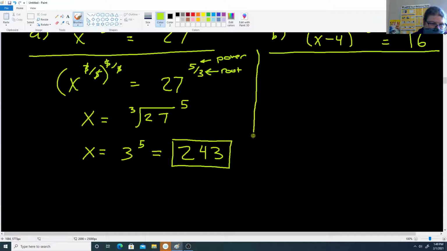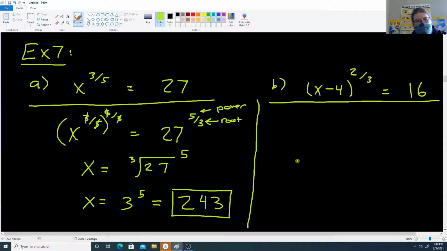Okay, now on this other side, we have x minus 4 to the 2/3 equals 16.